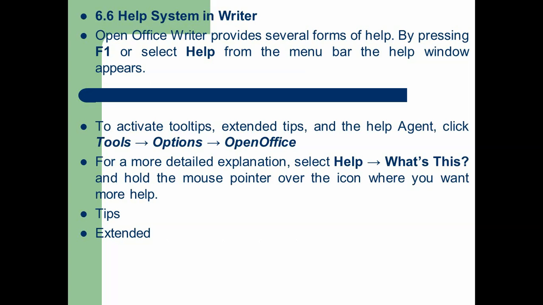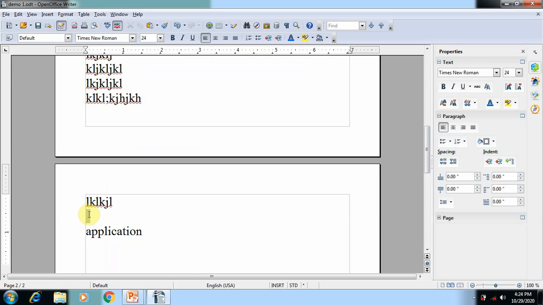So the next one is the help system in Writer. OpenOffice Writer provides many help systems. The first method is the shortcut F1, which will display the help dialog box. Another one is the help menu, from which we can access the help. So we are using the first method, F1.